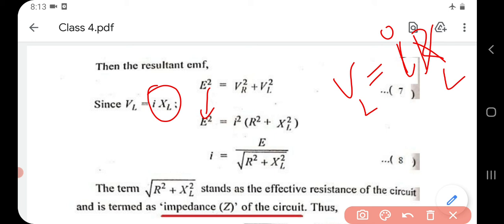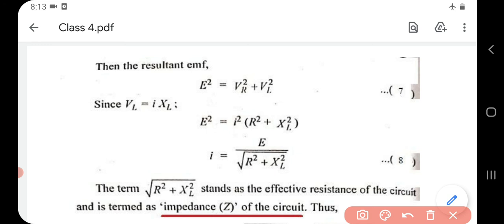XL is actually a sort of resistance. It is called inductive reactance. Substituting that value, E square equals I square XL square plus VR square, which is I square R square. I square is common, so it is taken outside. So I will be E by root of R square plus XL square.